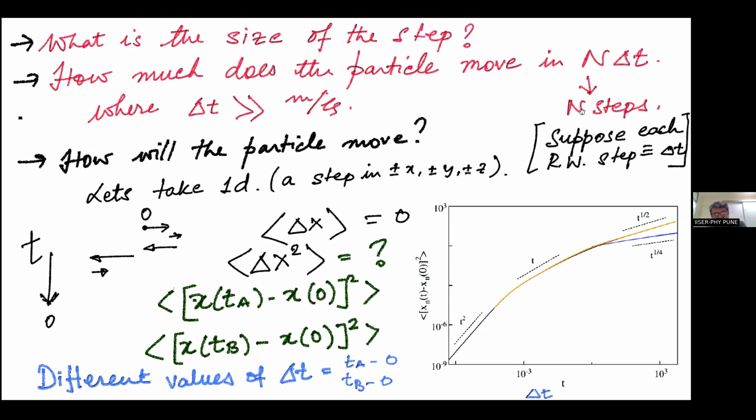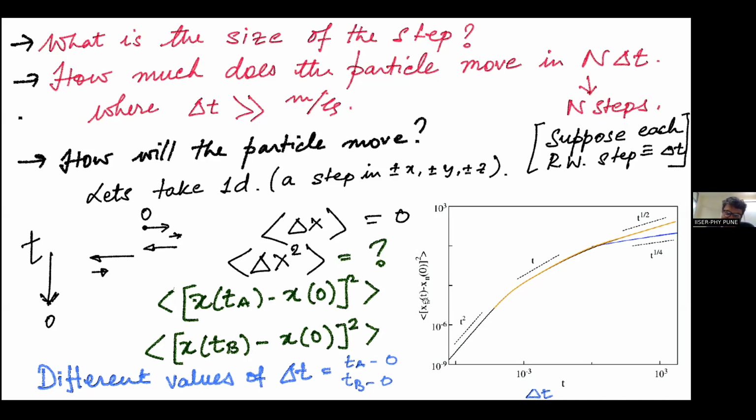Suppose instead of n steps, you look at 2n steps, so instead of 1000 seconds, you look at 2000 seconds. And you want to see how this behaves. This is called the mean square displacement: displacement squared, and then take the mean. Mean square displacement, MSD for short.